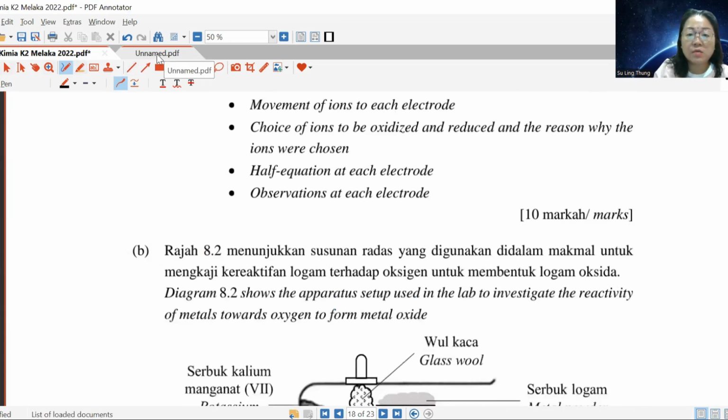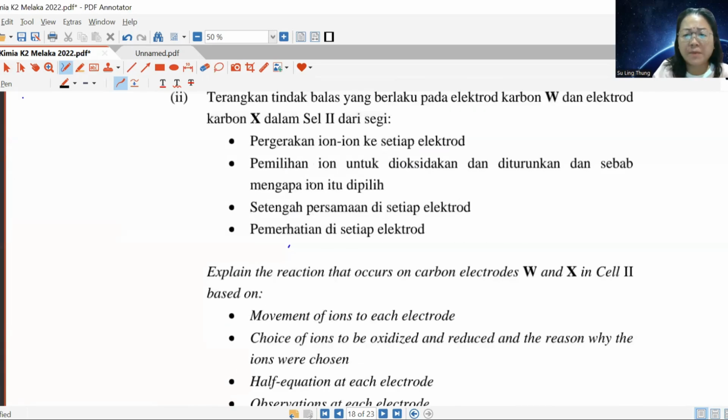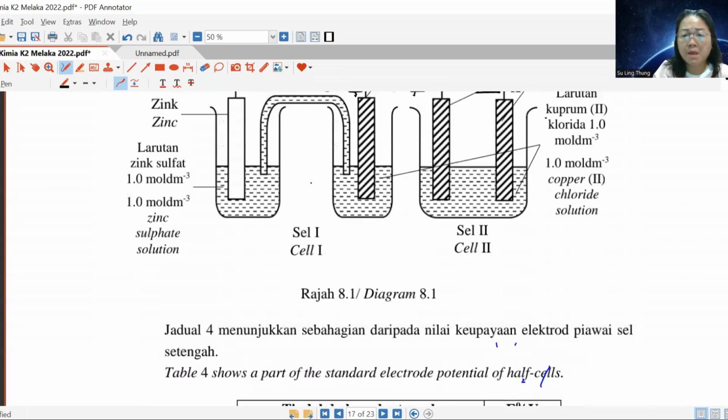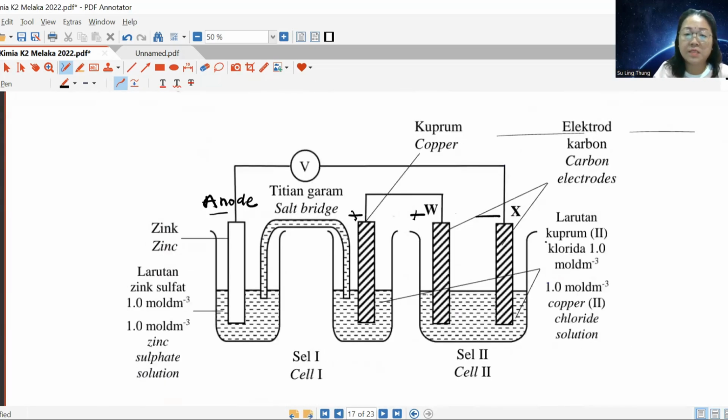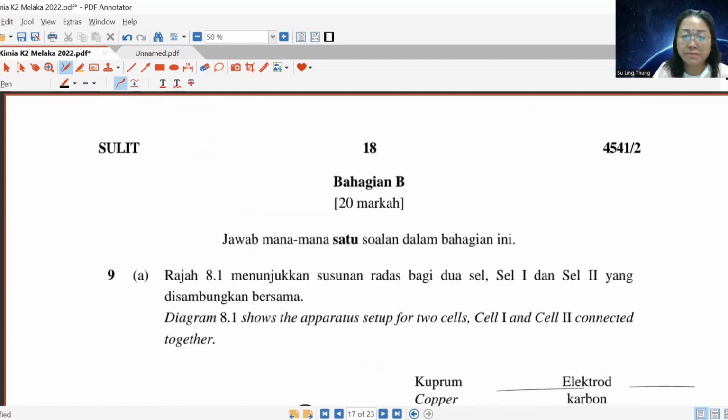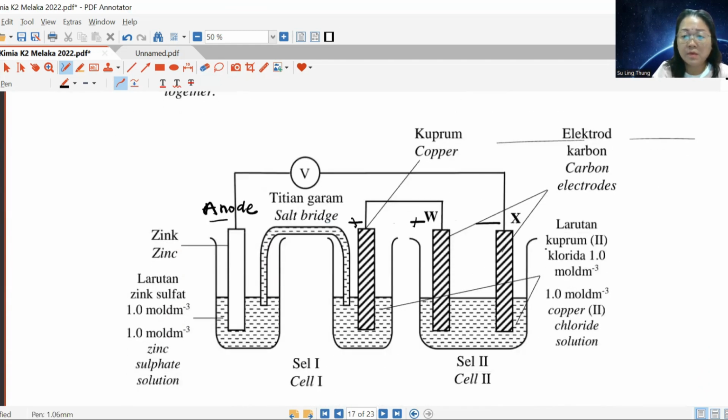Okay, so let us look at how it happens, W and X. So W is at the positive terminal, and X is at the negative terminal. So obviously positive attracts negatively charged ions, which in this case we are using copper 2 chloride solution.